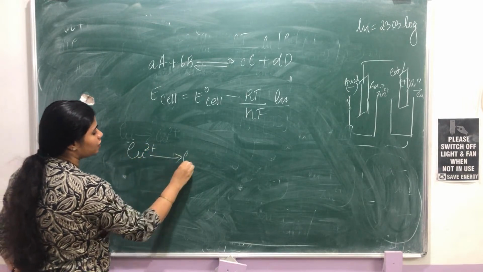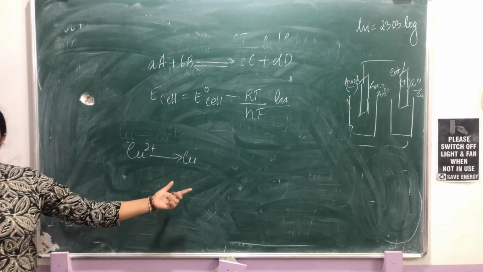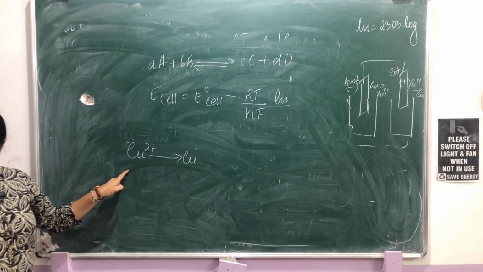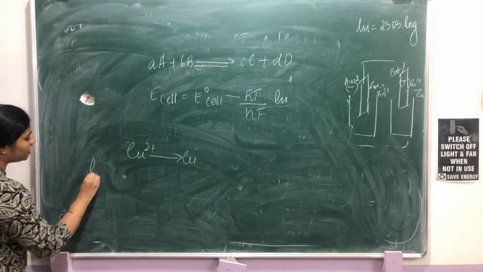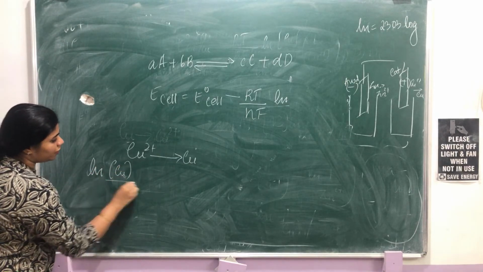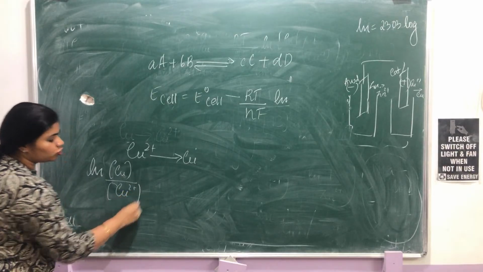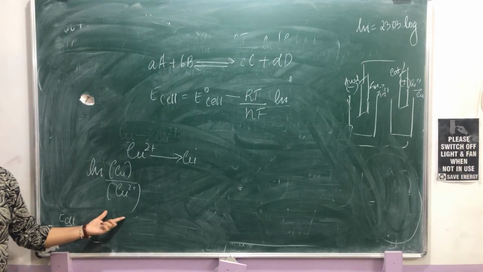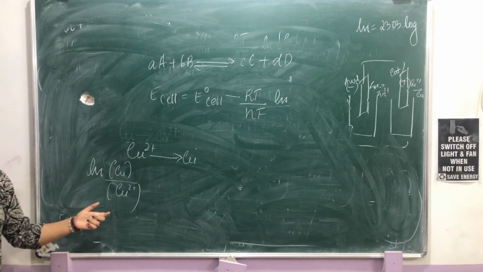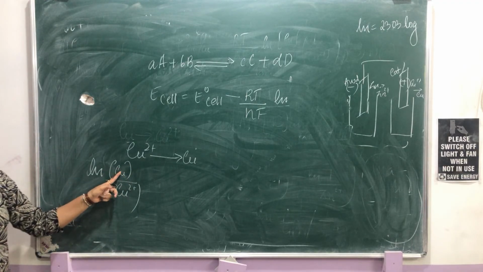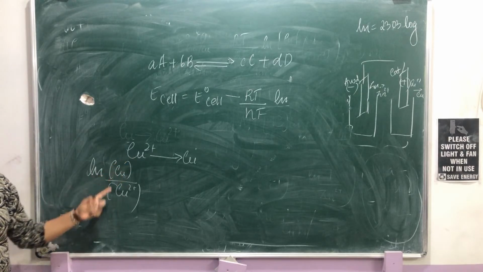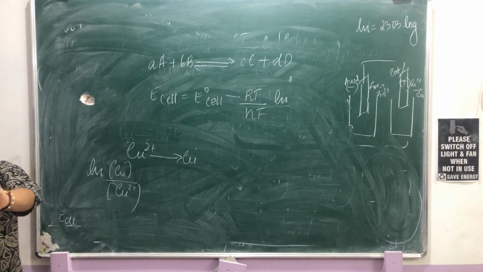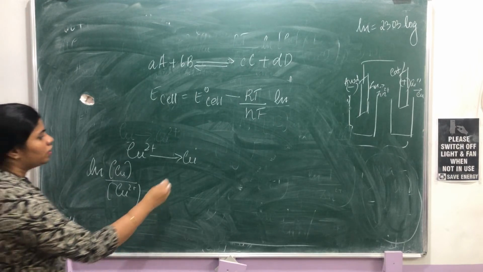Cu2+ was giving Cu. Which is the product? Copper. Which is the reactant? Cu2+. That's why I might have written Cu divided by Cu2+. Whichever is in the product, I wrote it in the numerator. Whichever is in the reactant, I wrote it in the denominator. Check your Daniell cell final equation.